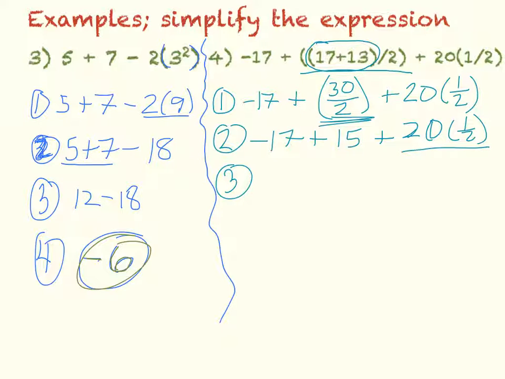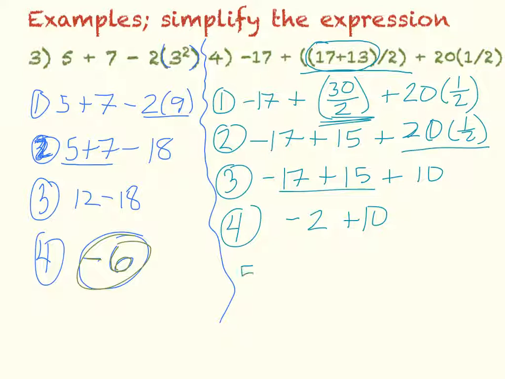So I have 20 times 1/2, giving me negative 17 plus 15 plus 20 times 1/2 is 10. And step 4 is addition and subtraction left to right. So negative 17 plus 15 is a negative 2 plus 10. And finally, the last step is negative 2 plus 10, which will give me a positive 8, and that's your final answer.